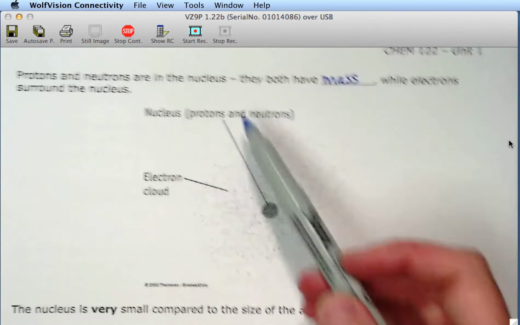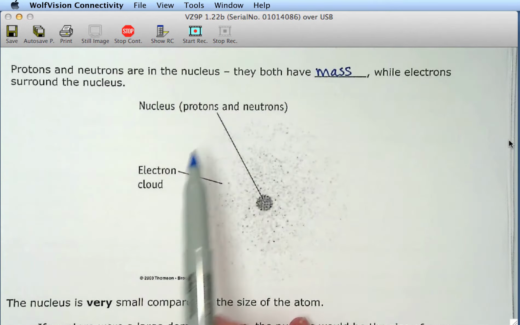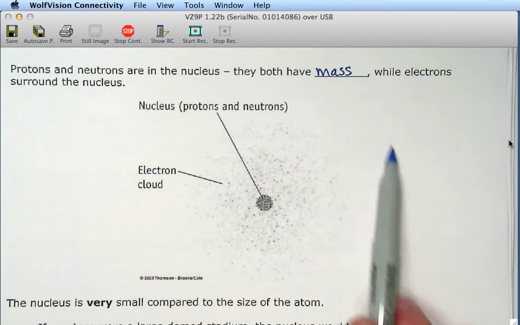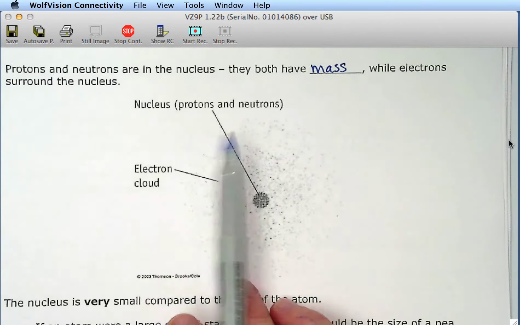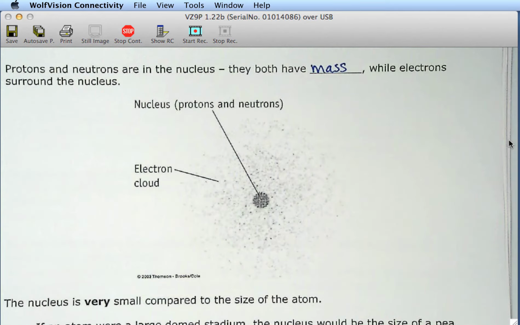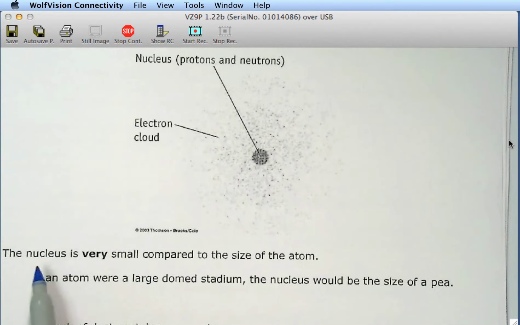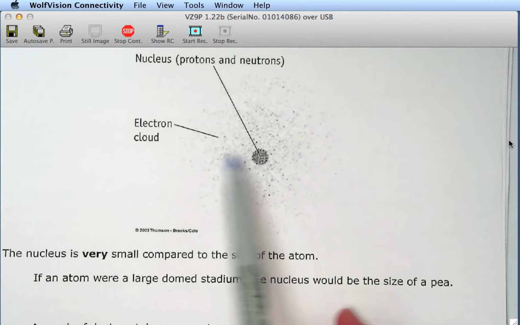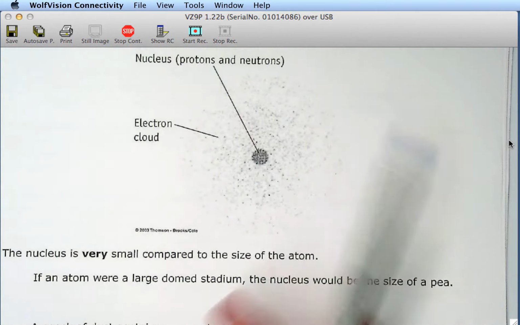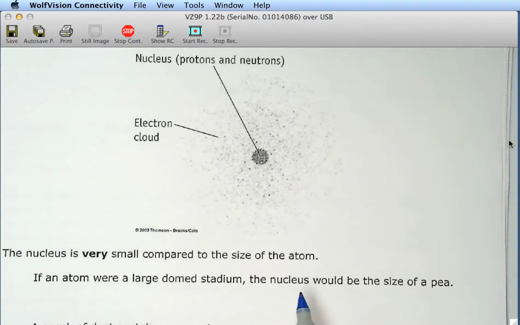So in the nucleus you find the protons and the neutrons, and then these electrons are just spread very far apart. They don't like to be near each other. So the nucleus of an atom is very small compared to the size of the actual atom. So if the atom were a large dome stadium, the nucleus would be the size of a pea. So that just gives you an idea of how much space these electrons fill.